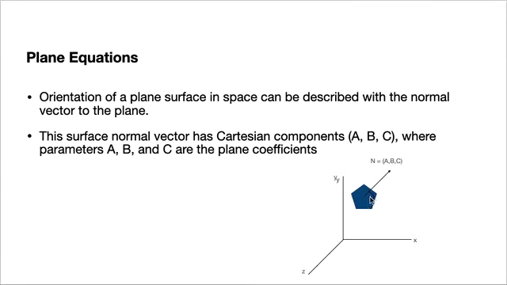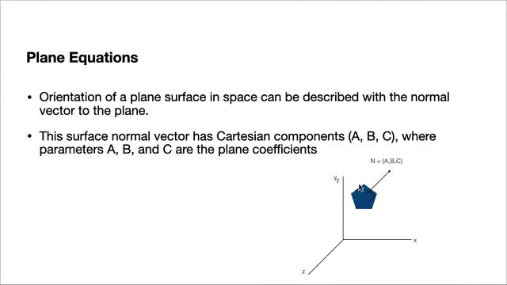That is, if you want to understand in what orientation a particular surface is placed in the 3D view, you have to understand the normal vector. So, the normal vector is a vector perpendicular to the surface.